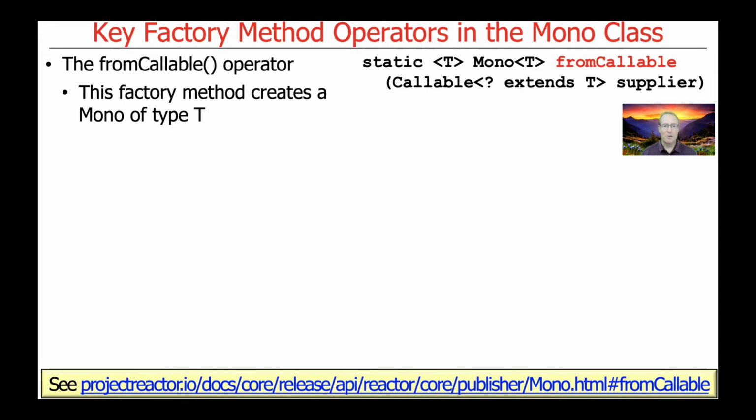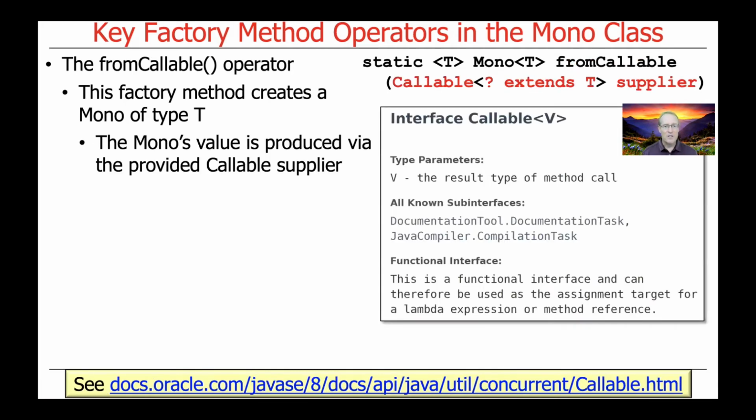This is also a factory method that's used to create a Mono of type T. So at first glance, it looks very similar to what we just saw with just. The main difference is that the Mono's value is produced via the provided callable supplier. So you can see there's a class called Callable that's been in Java since Java 1.5 back in the 2004 timeframe.